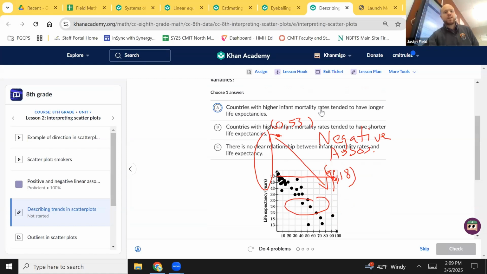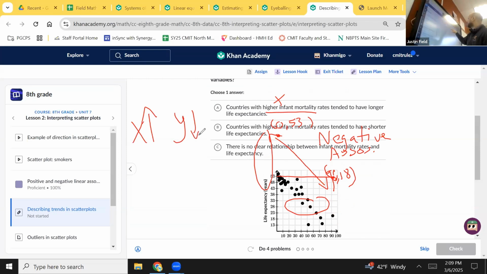Now when I'm reading these choices, I'm looking to see where's my x and where's my y, because I know that as x increases, y decreases. So higher infant mortality, that means they're talking about x increasing, tend to have longer life expectancies. That's my y value. Longer also is an increase word.